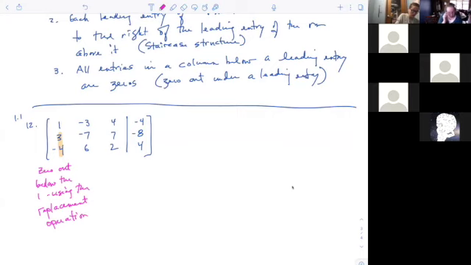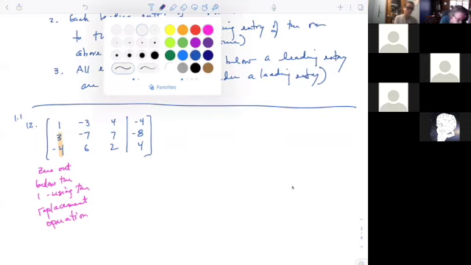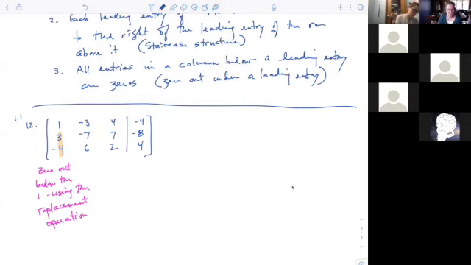All right, so we're going to do a couple of row operations here. I'll do them separately just so it's clear for you. But our first one, we want to make this 3 here a 0. So what row operation do I need to do to make this 3 a 0?